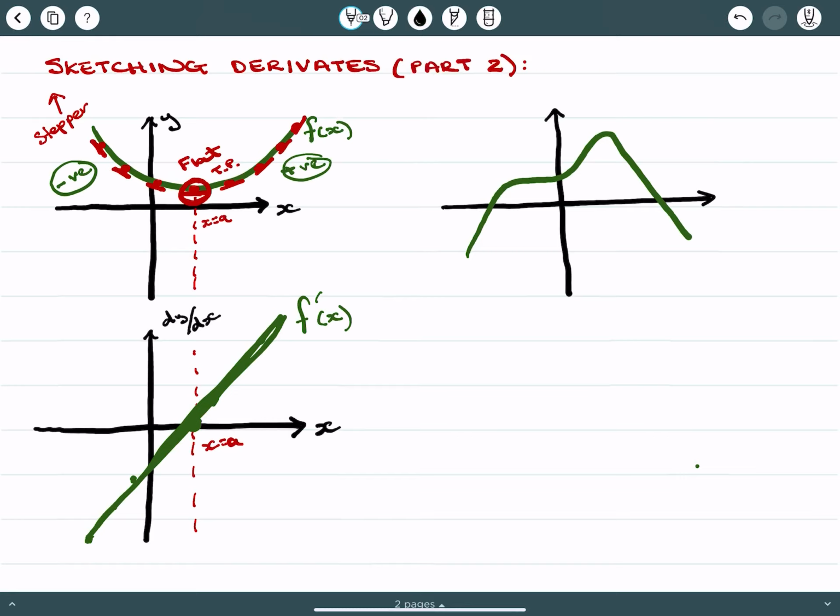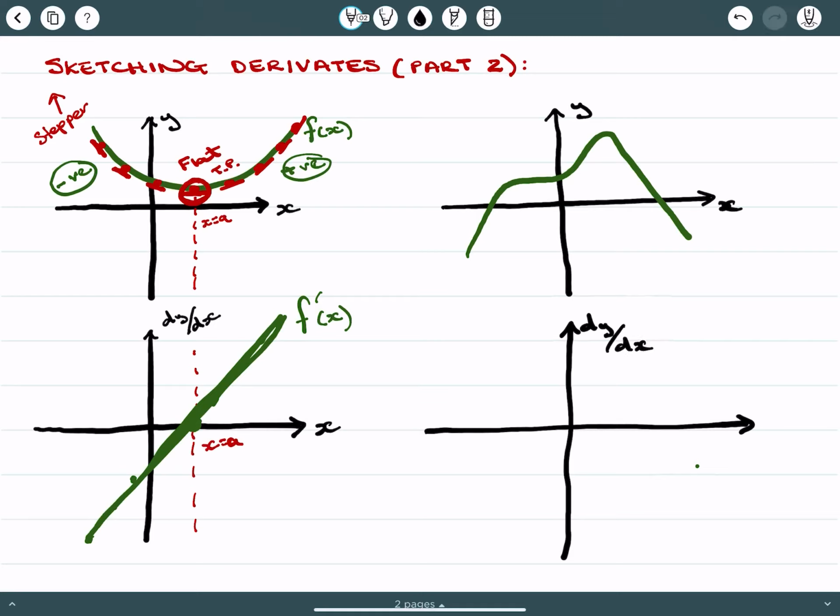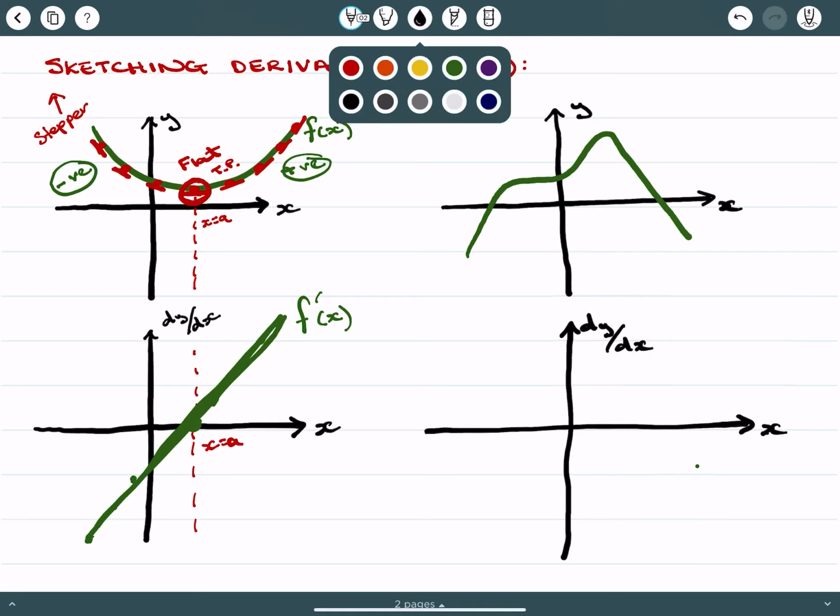Okay, and we're going to say that that's y and x. We're going to line these graphs up, and I'm going to hand the pencil over to you, Owen, so that you can tell me where you think the turning points are.